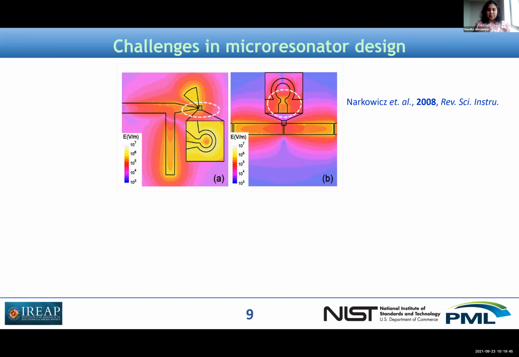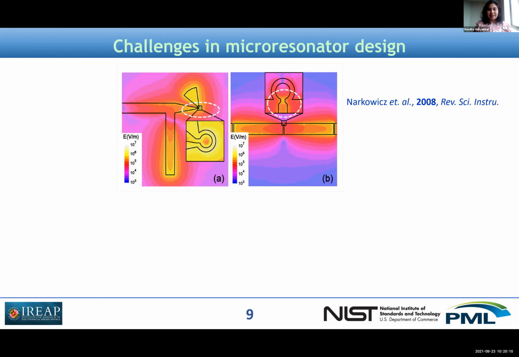So there are two problems with this. First, when we squeeze the microresonator down to such small sizes, the ohmic losses and radiative losses from that capacitive gap become pretty high relative to the size of the structure. And so the radiating electric dipole is one of the main problems.